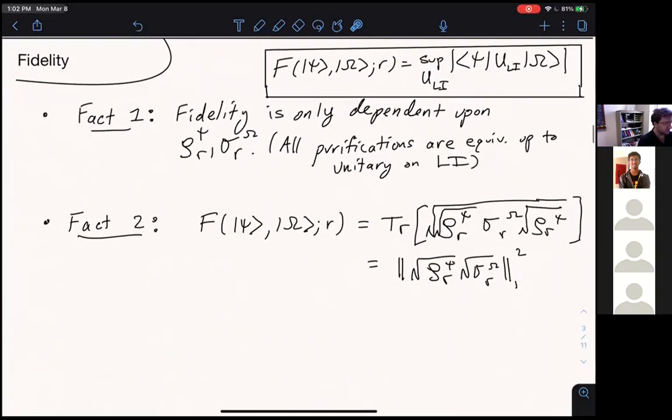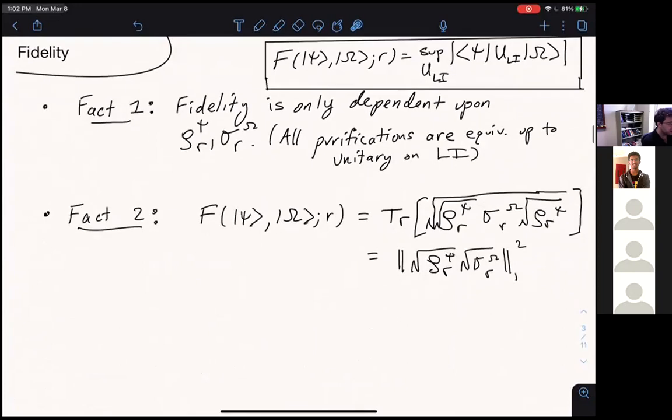Here are some facts that I already said in words, which is just that the fidelity only depends on the reduced density matrices in little r, because all purifications are equivalent up to unitary action on Li. And there is a formula for the fidelity, which is just in terms of these density matrices.